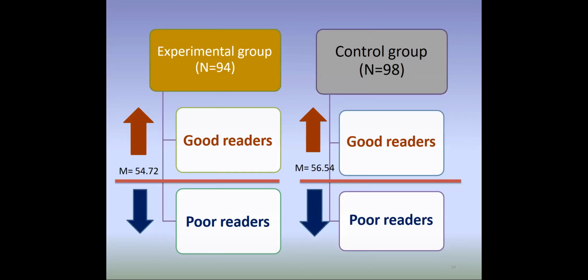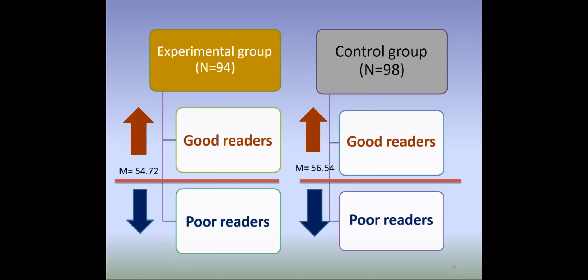As for the procedures, we have two groups called the experimental group and the control group: the experimental group with 94 students and the control group with 98 students. They do a pretest to define who are good readers and who are poor readers at the beginning.